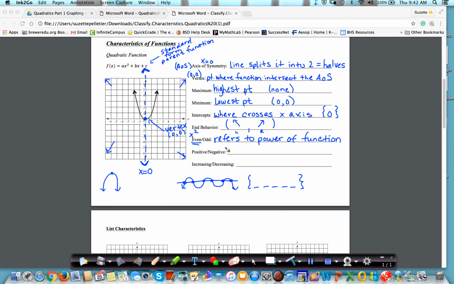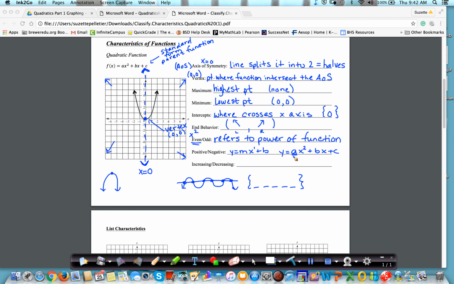Okay? Positive and negative, that just means that in standard form in any function we have, right, if it's linear, we have mx, right, linear is to the first power, plus b. If it's a quadratic, we have y equals ax squared plus bx plus c.